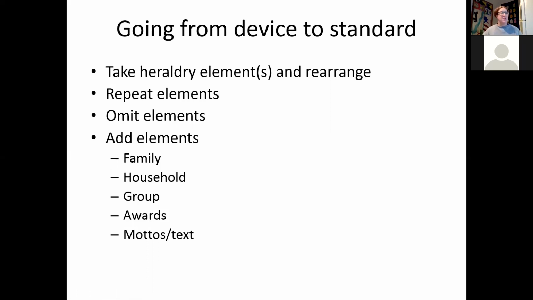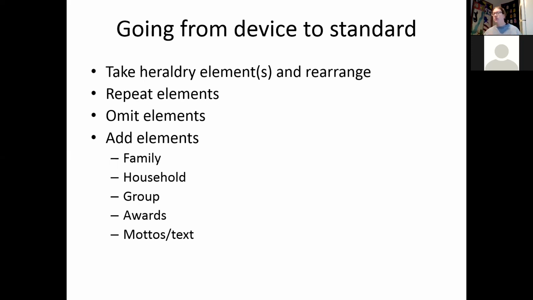You can add elements for family members. I might put a violin on mine. You can add elements for household. So for instance, I could put a giant slug on mine for being part of Slug House. Group, I'm a member of Arnhold, so you'll often see a moose on mine.